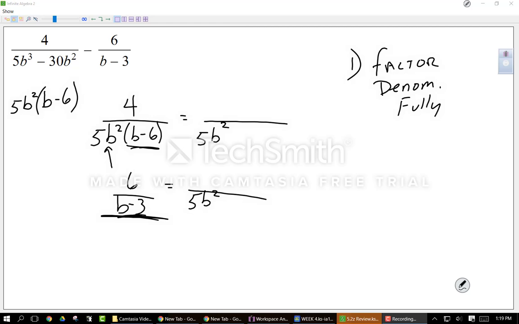No. Because they're not the same, I need both of them in my denominator as well. So my denominator is going to be 5b squared times b minus 6 times b minus 3.